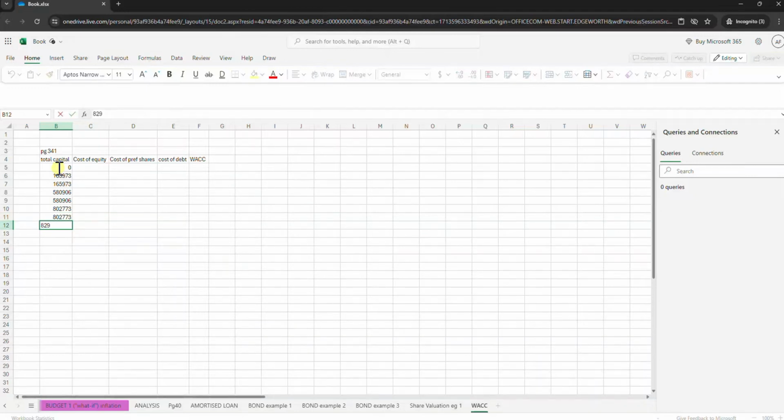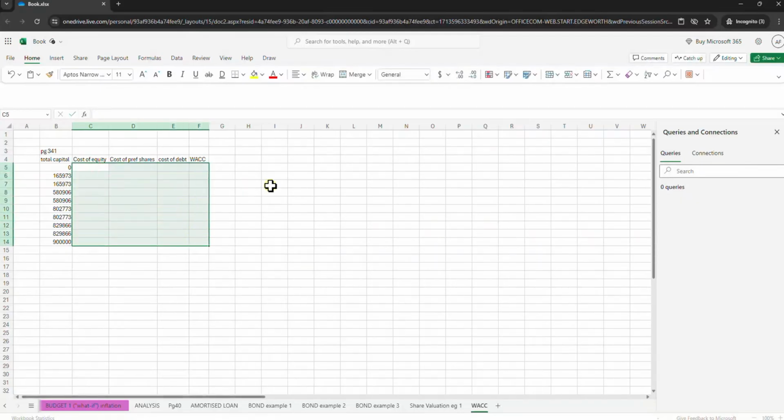They're showing you that here. As I use more capital, these numbers get bigger until 900,000. So I'm starting at 0 and then I'm raising capital. The cost of equity when I start is 12 points. Let's just make them all percentages.